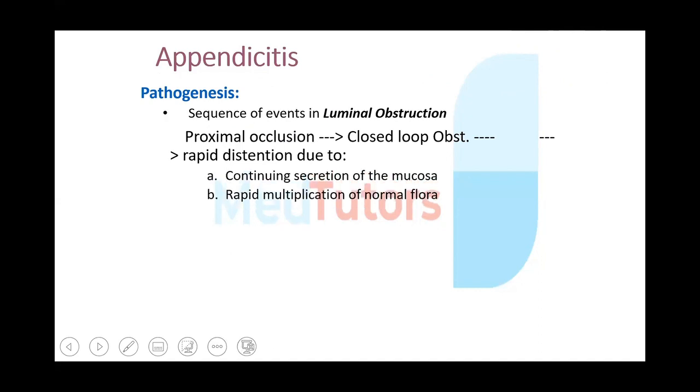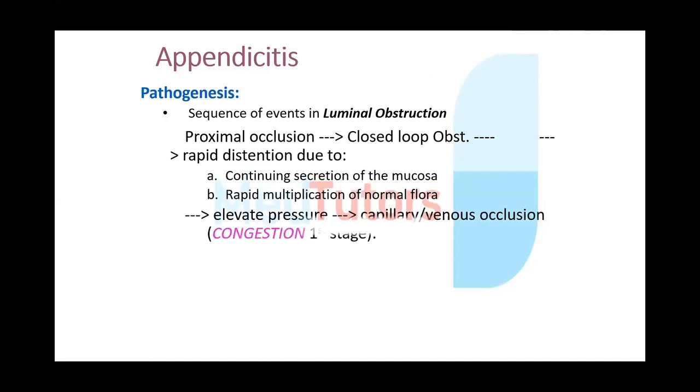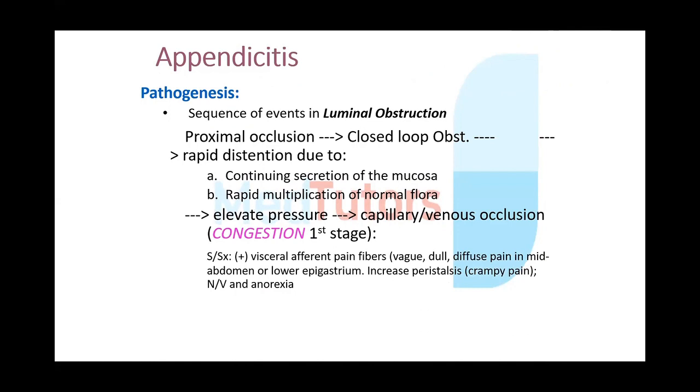Now, these are the sequence of events which occur. When there is luminal obstruction, let's say with a fecalith, there is proximal occlusion, which will appear like a closed loop.